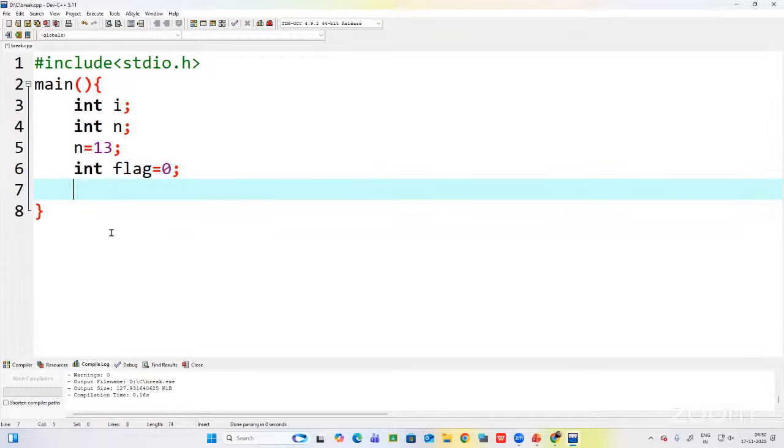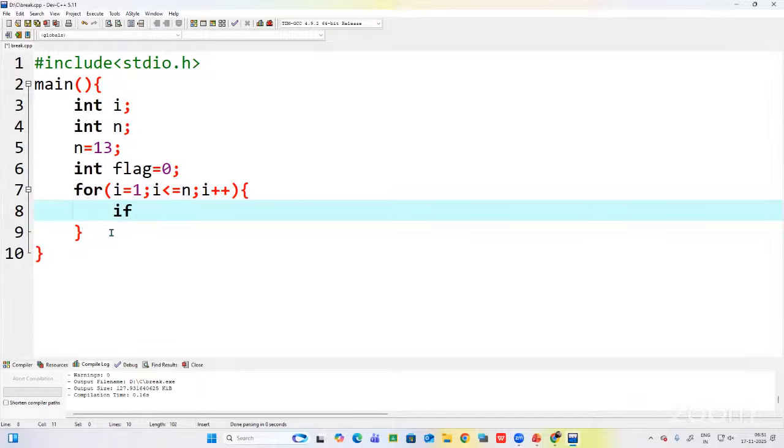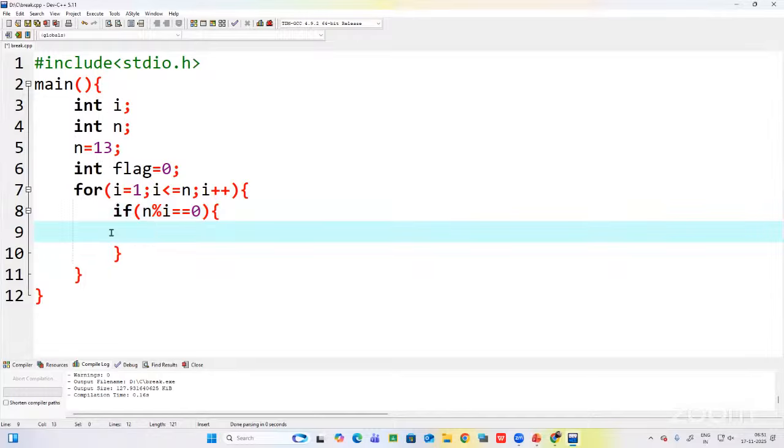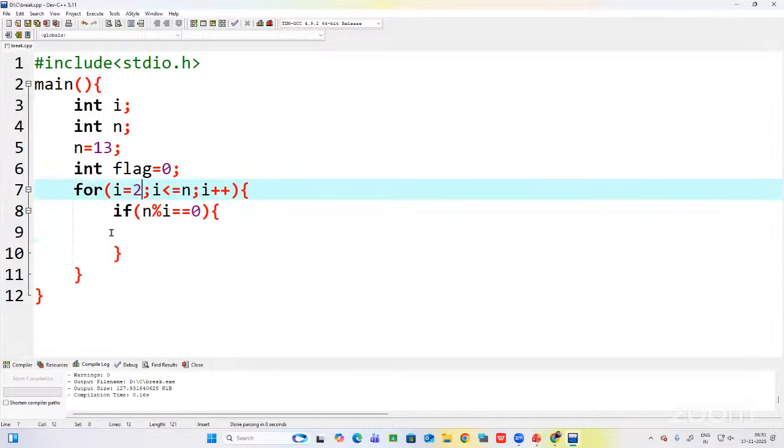Now, what I'll do is for i equals 1, i less than or equal to n, i plus plus, and I'll say if n mod i is equal to 0. Okay, I think I need to change it. I'll be changing the initial value to 2 and the final value to be less than n.